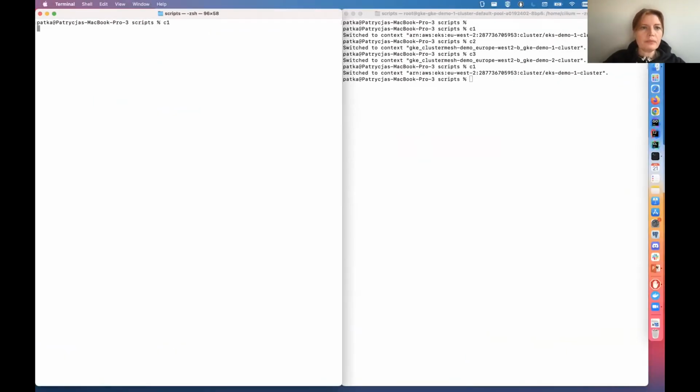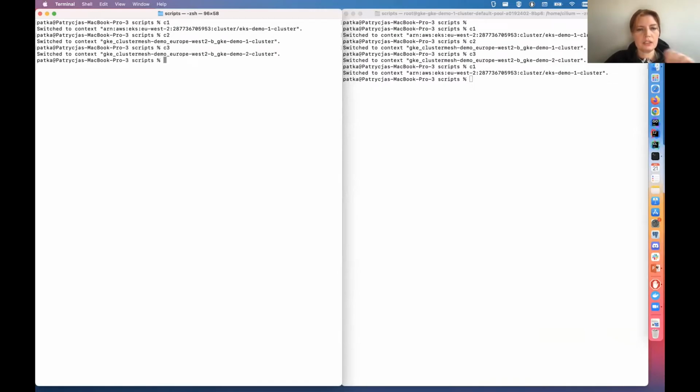So I've prepared 3 clusters. The first one is in AWS, the second one is in GCP, and the third one is in Azure as well. We have X-Wing and Rebel Base deployments in all 3 clusters. Now I will board my X-Wing.